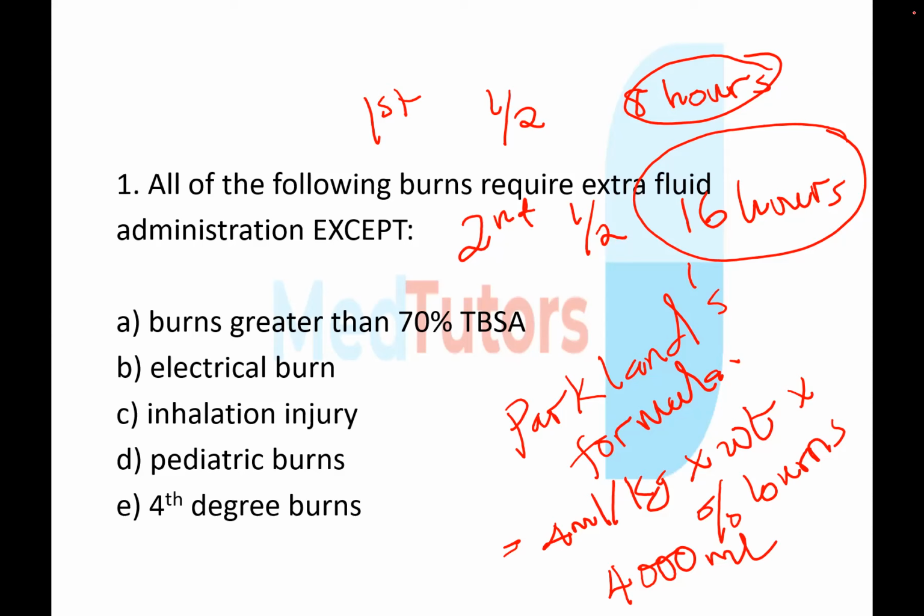Inhalational injury, we mentioned, is correct. In pediatrics, you have to add the maintenance of that patient. Then fourth-degree burns go down to involve even the muscles and the bones, so they will require more fluid.